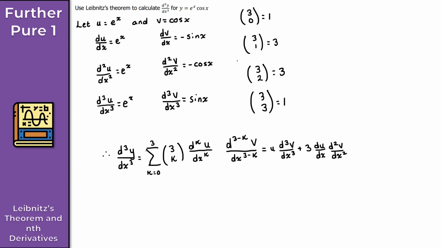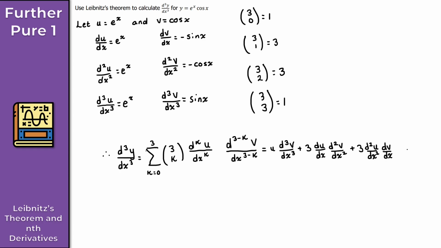Okay. We now have 3 choose 2. So again, that's 3 here. So we get 3 lots. And again, this one will increase here to the second derivative, and this one will decrease here to the first derivative. So we get 3 lots of the second derivative of u, like so. And then we times this here by the first derivative of v, so dv by dx here.